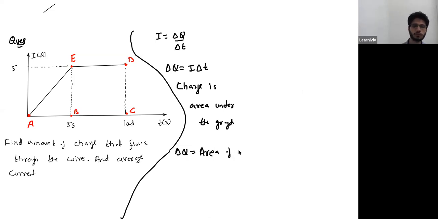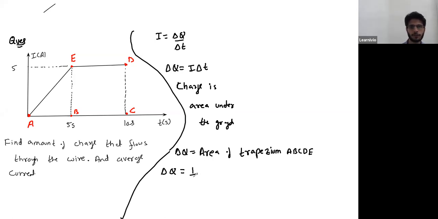Or you can simply write this as the area of trapezium ABCDE. Does anyone remember the formula for the area of a trapezium? No one.